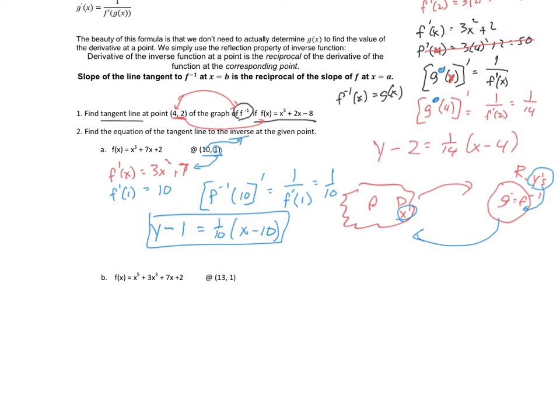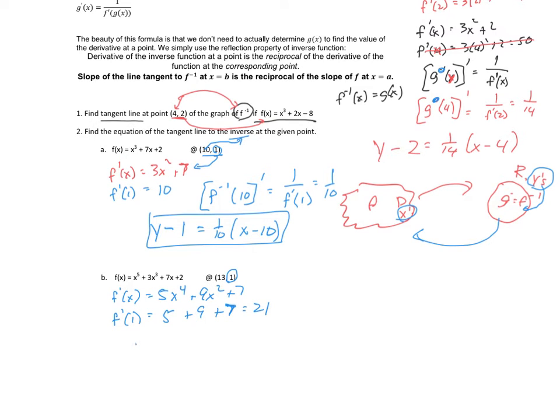All right, part B the same way. I'm going to find the derivative of the original function, and evaluate that derivative at its input of 1. So then I'm going to have 5 plus 9 plus 7 is 21.